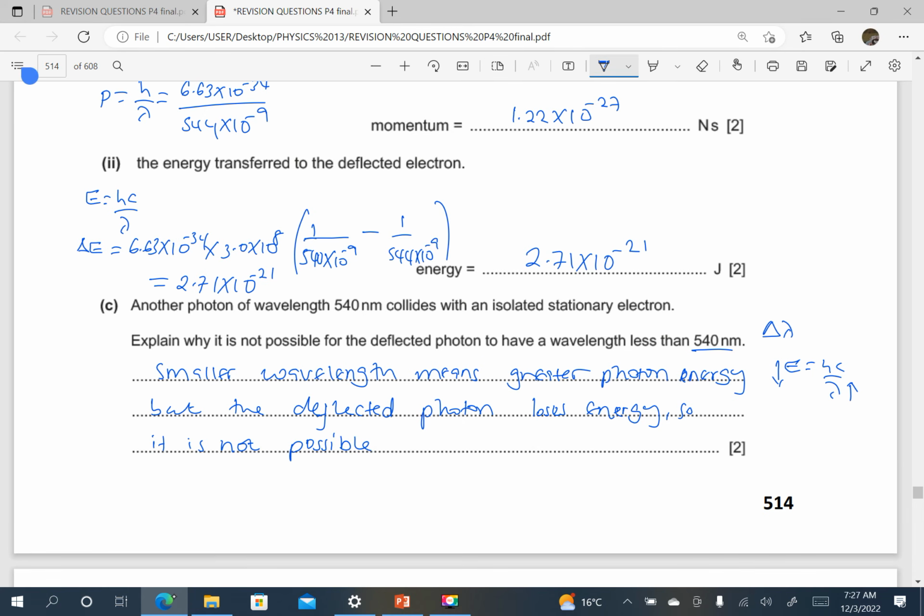If it loses energy, its wavelength is supposed to be greater, not less, because a smaller wavelength would mean a greater photon energy. Yet, if the deflected photon loses energy, then its energy is less, therefore its wavelength should be greater.